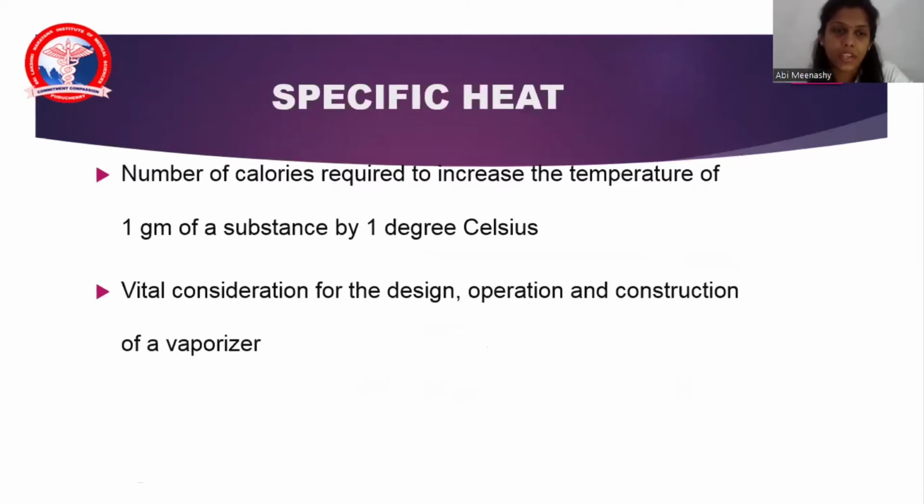Okay, specific heat. The number of calories required to increase the temperature of 1 gram of a substance by 1 degree Celsius is called specific heat. It is a vital consideration for the design, operation, and construction of a vaporizer.